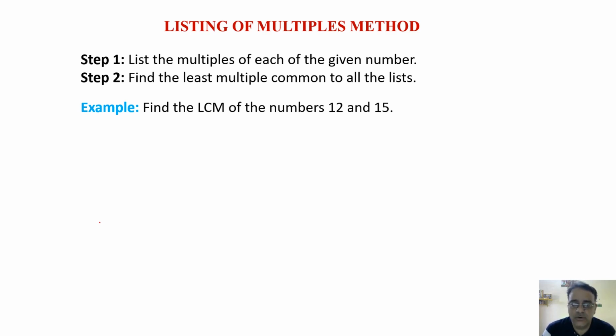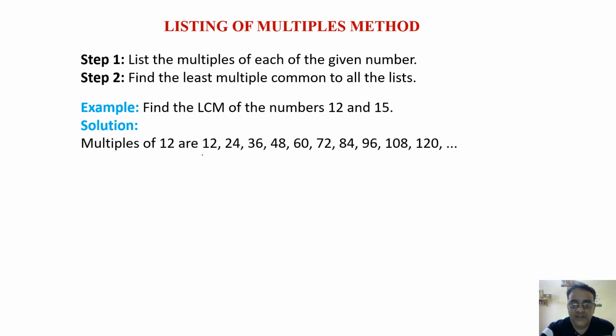Okay, no need to write 12 into 1, 12 into 2. You can directly list the numbers. So 12, 24, 36, 48, 60, 72, 84, 96, 108, 120, and so on. So these are the multiples of 12.